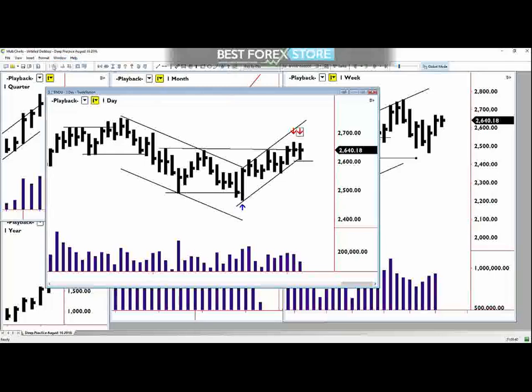Notice the volume on this last day here. We start off trying to push through this level. We come in on this day with increase in volume. The next day we have the same close, higher high and higher low, but no progress up on basically the same volume.